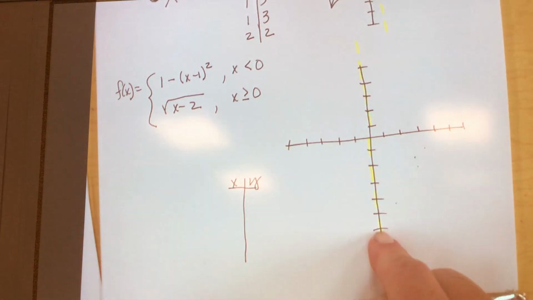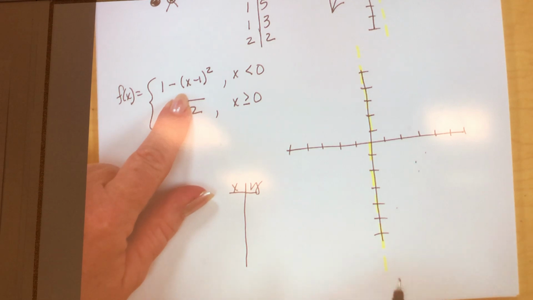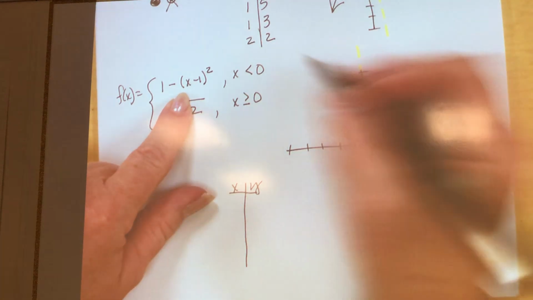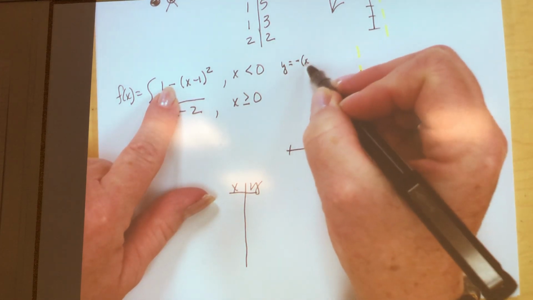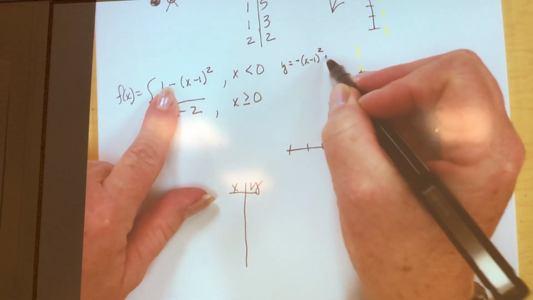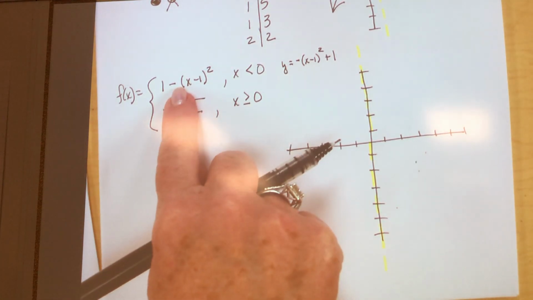So, I got him at 0, so where does this equation go? To the left. Watch the way I'm gonna write this equation, because I don't like the way it's written here, okay? So that's not the way you're accustomed to seeing it, so y is equal to negative x minus 1 quantity squared plus 1. Is this the same as this?